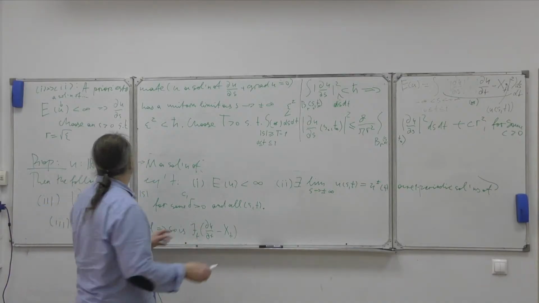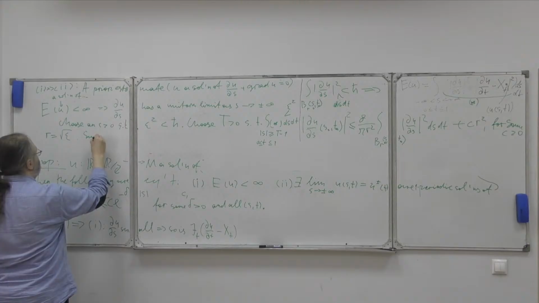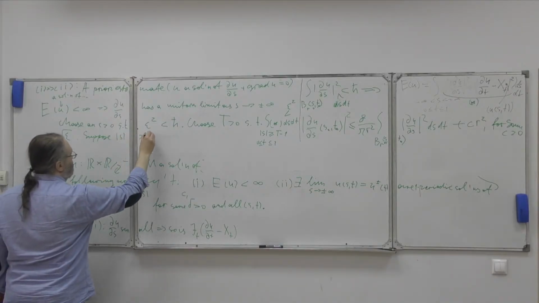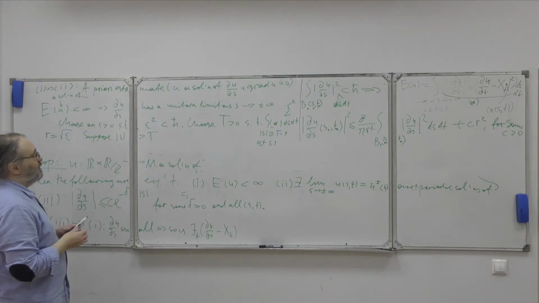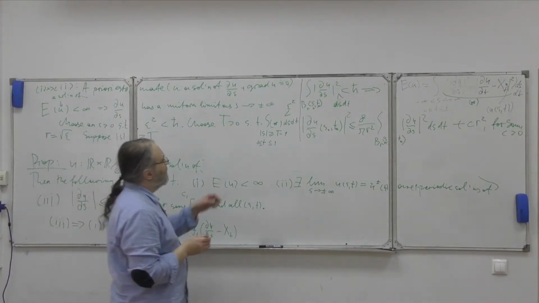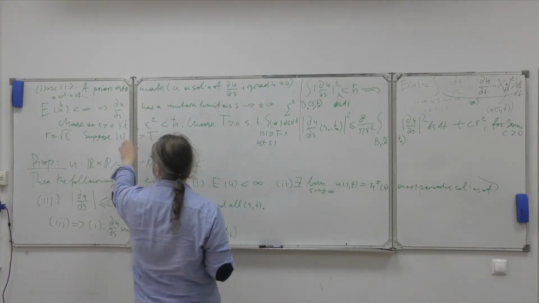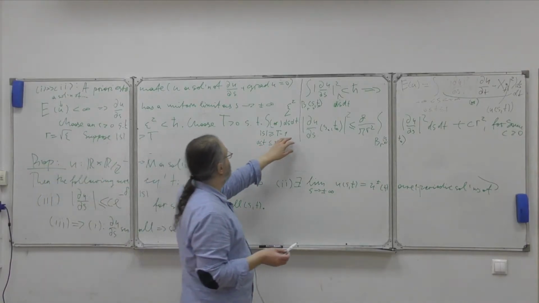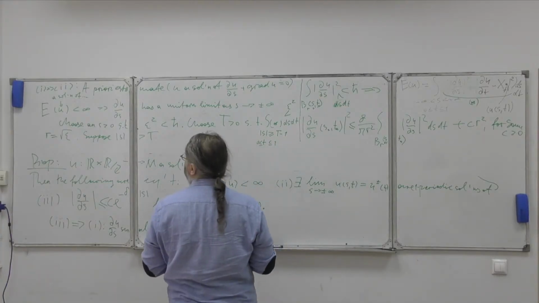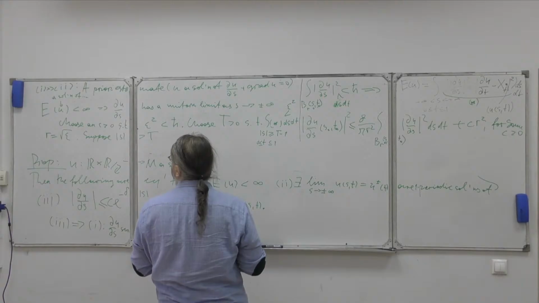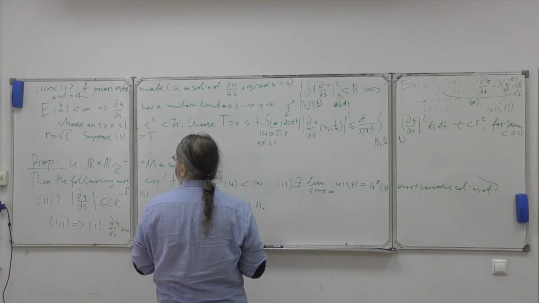Suppose now the modulus of S is greater than T. I probably need to make another assumption to make sure that the ball of radius r remains in the radius r. Okay.